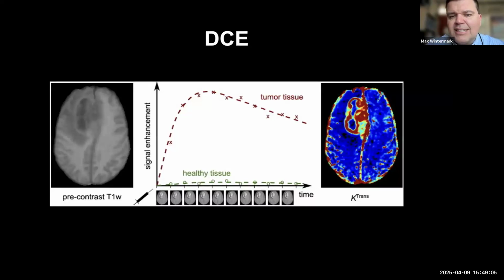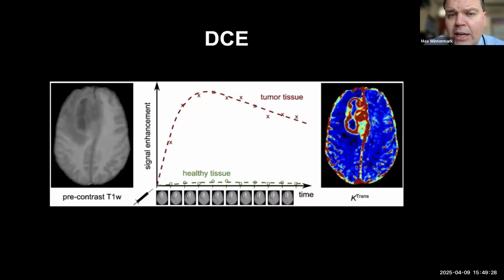Well, for DCE, it's exactly the opposite. The primary measurement is really the permeability of the blood-brain barrier, which you can extract from the rate of extravasation of contrast gadolinium from the vascular space into the interstitial space. Typically that's measured with this variable called K-trans.